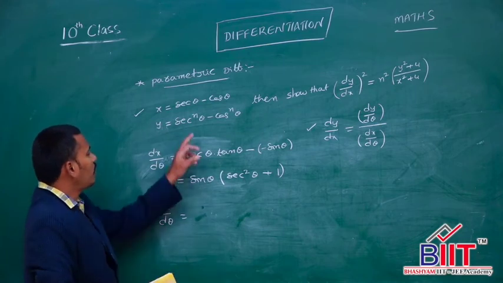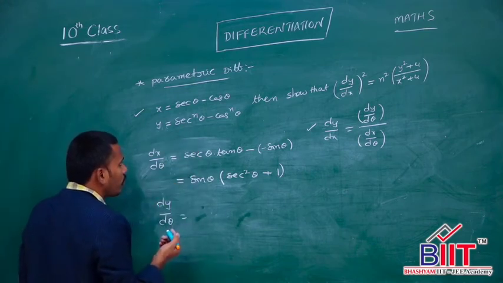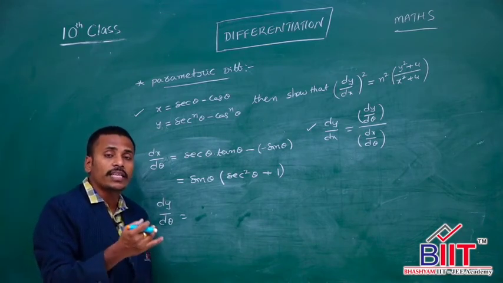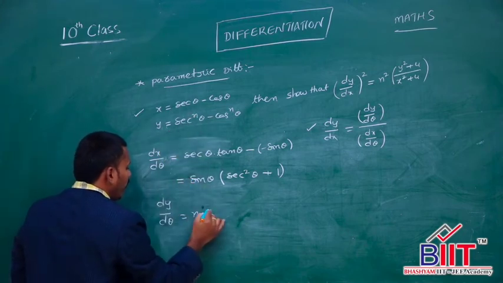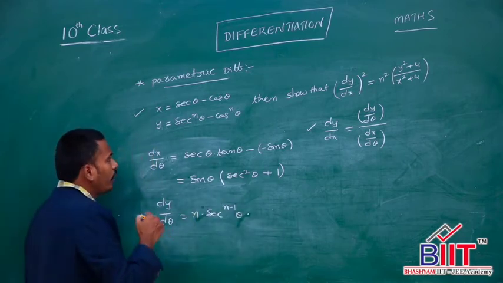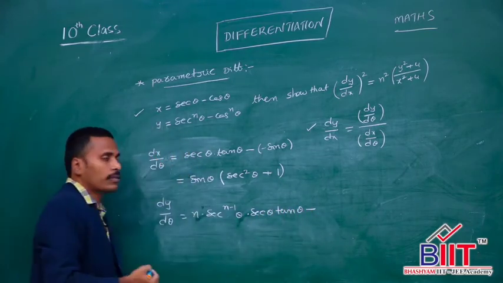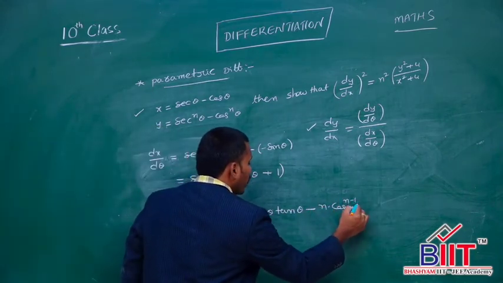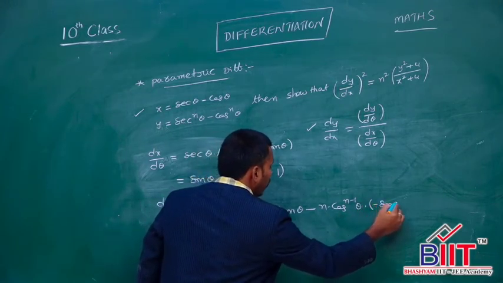So dy by d theta: secant power n theta minus cos power n theta. Derivative of secant power n theta is what? x power n is n into x to the power n minus 1. Something to the power n is n into that something to the power n minus 1. For this secant power n theta, n into secant power n minus 1 theta into the derivative of secant theta, which is secant theta into tan theta, minus n into cos power n minus 1 theta into the derivative of cos theta, which is minus sin theta.